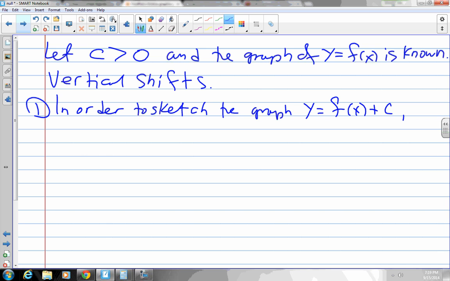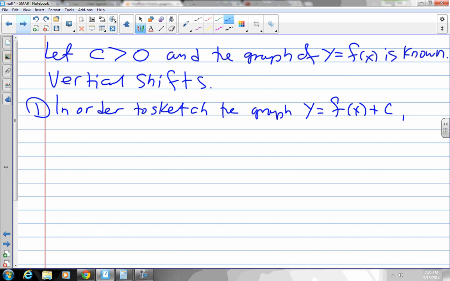This is a function the graph of which I already know, f of x, and then I'm adding c to it. So I'm just adding some constant. Am I messing with the independent variable on the inside, or the dependent variable on the outside? Dependent, right? I'm adding something to the whole function. So that means I'm adding a constant to all the y values.